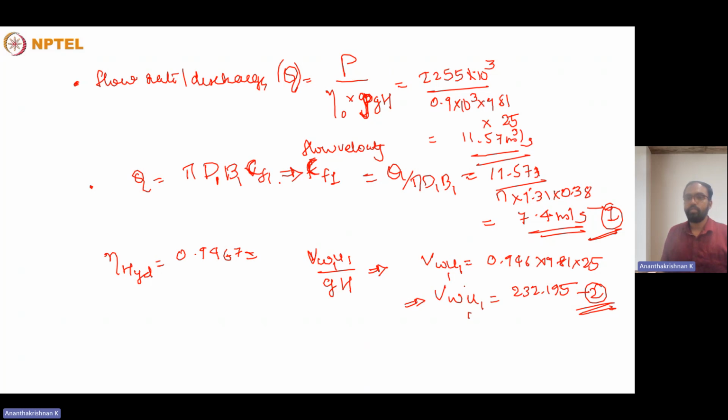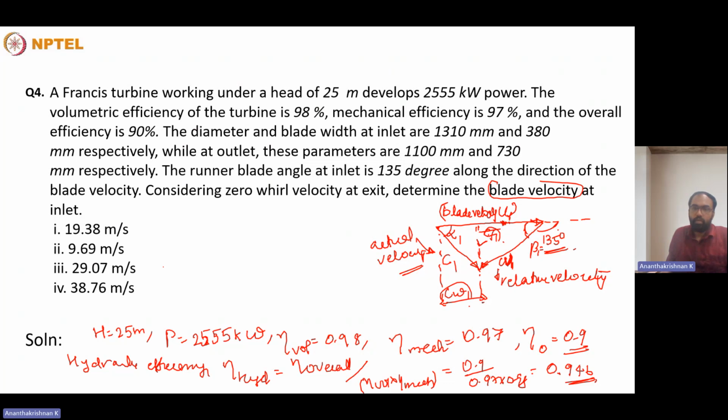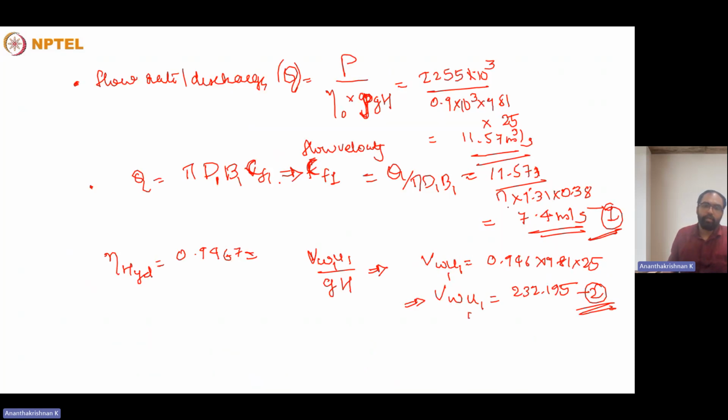From the velocity triangle which we have discussed, this triangle, this section, right hand side, right angle triangle. From that, the supplementary angle to the blade angle, that is 45 degree, and taking a tan of that, we can have a relationship between the flow velocity component, whirl component of the actual velocity, and the blade velocity component.